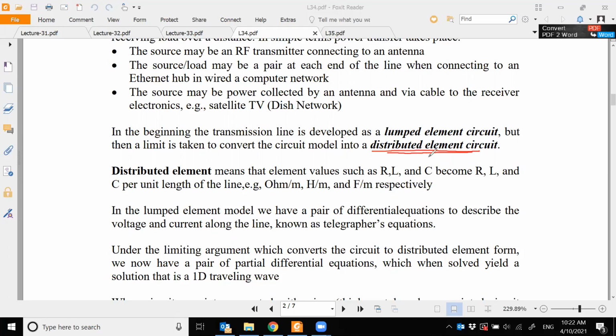That's why they are called distributed elements. So we usually use the terms resistance, capacitance, or inductance per unit length.